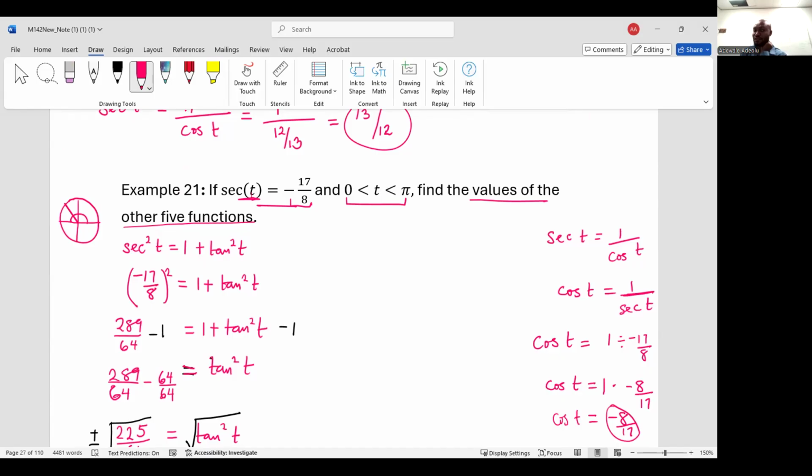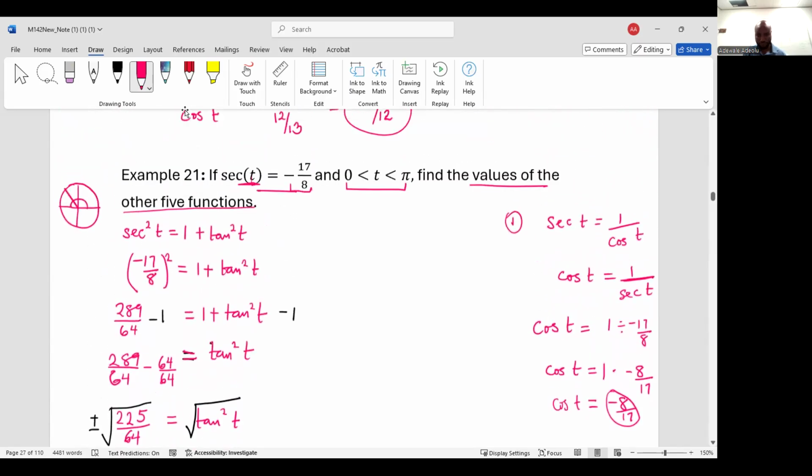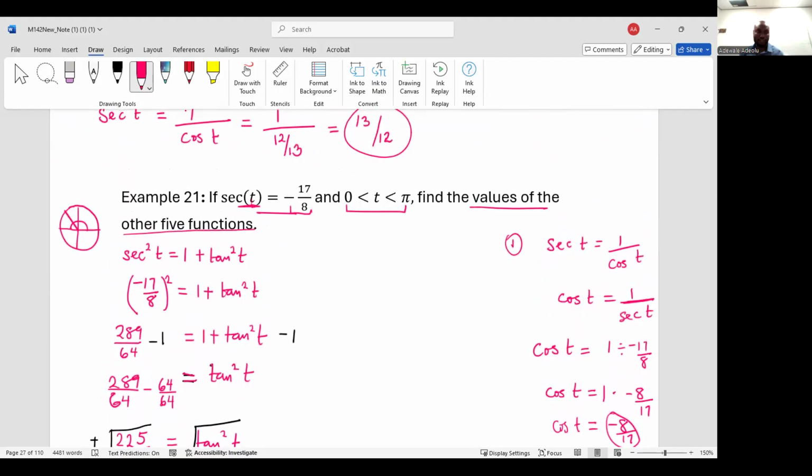In fact, maybe this is the first thing to do to figure that out. So we know that it is negative. Now, we do know that our angle is in the second quadrant, where sine is positive.